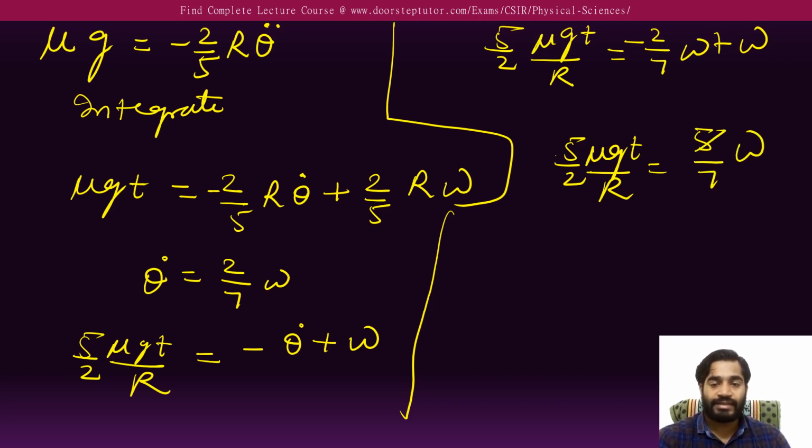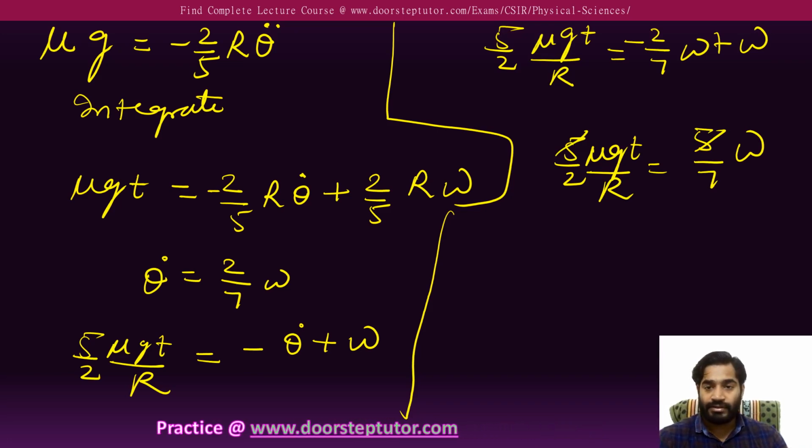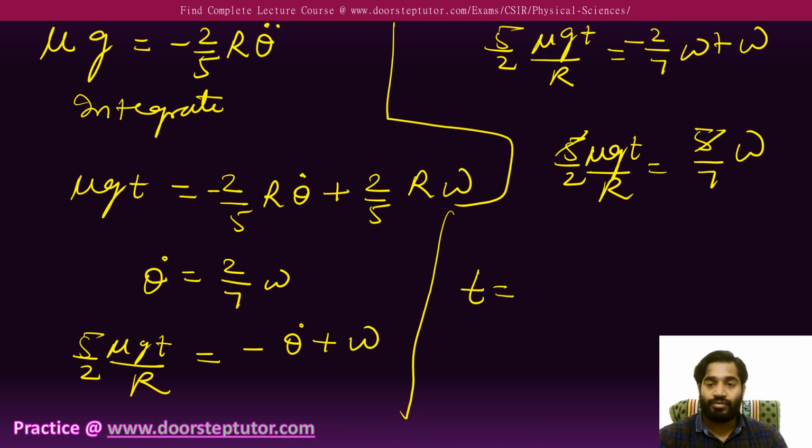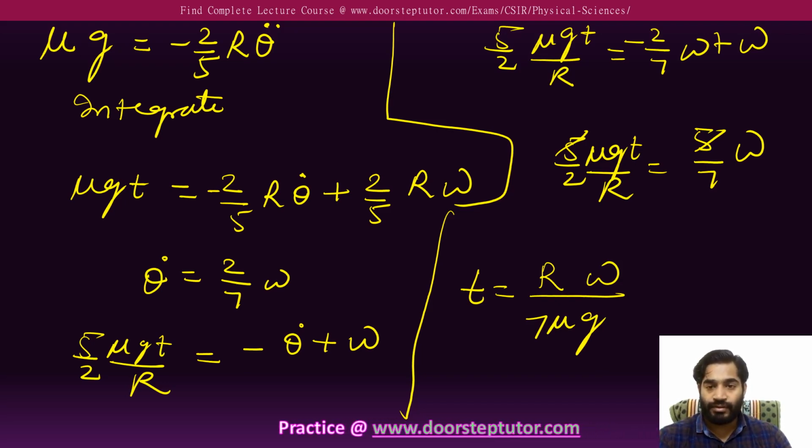The 5 gets cancelled out, and we remain with the time in terms of the given omega.